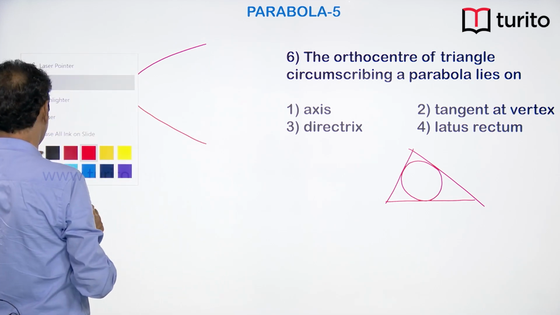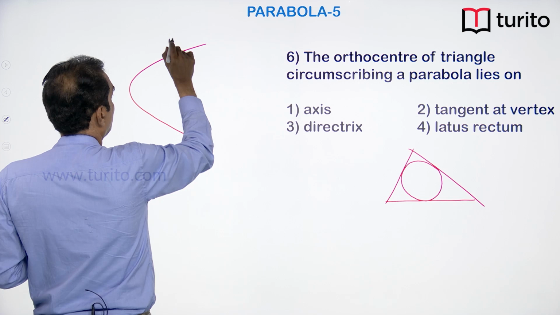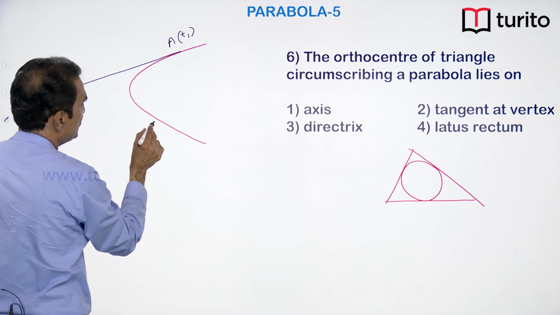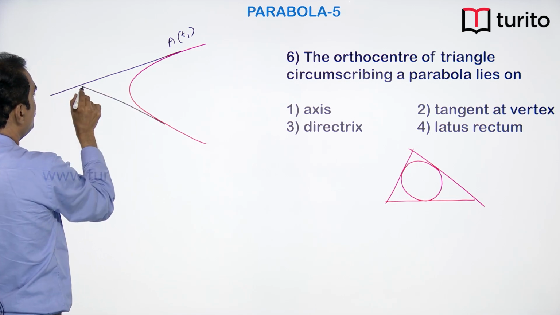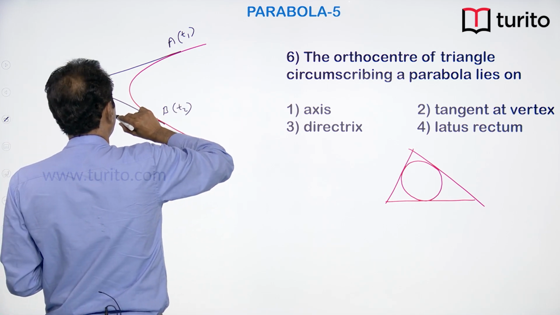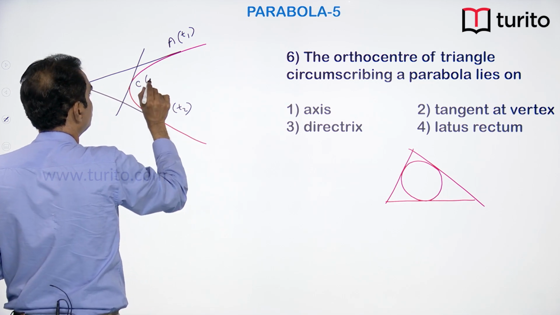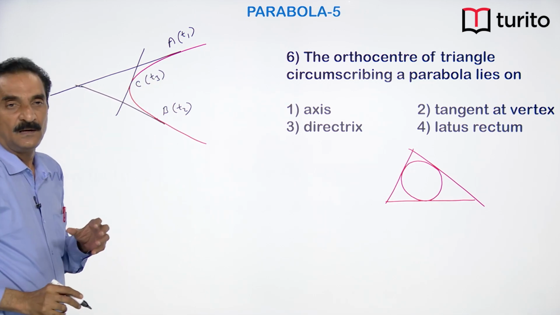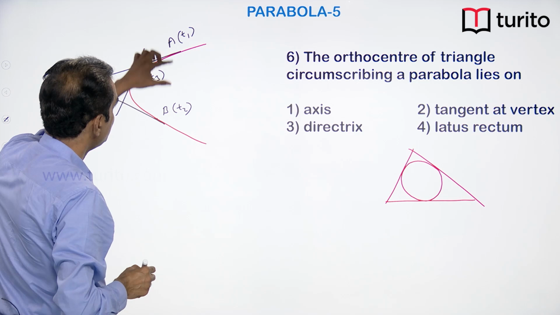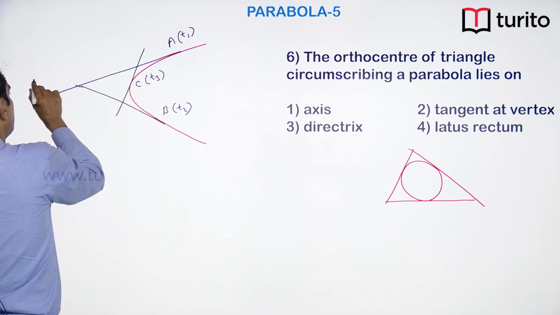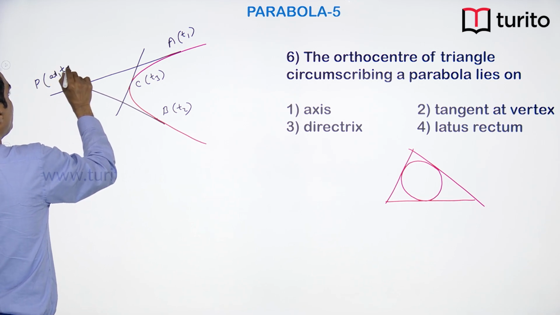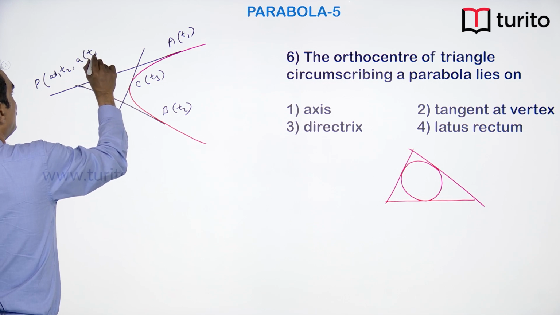So, I will take 3 tangents of the parabola at A of T1, one tangent, at B of T2 and C of T3. And we know the formula for point of intersection of the tangents. Point of intersection of the tangents at T1 and T2 will be, say, P. P is (a T1 T2, a into (T1 plus T2)).